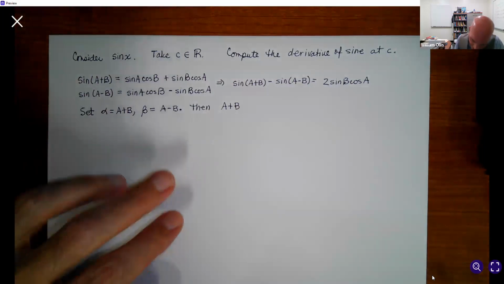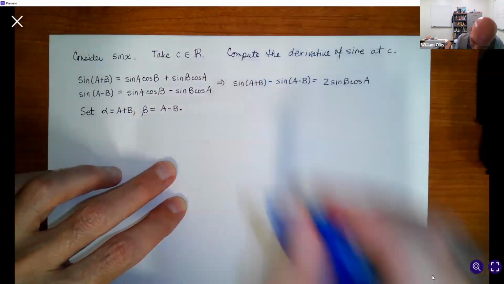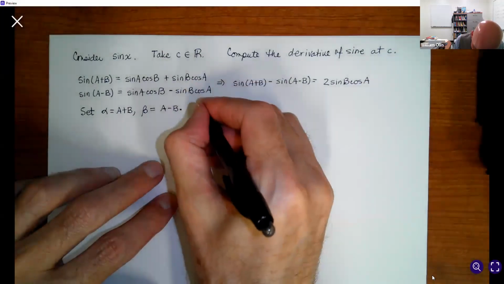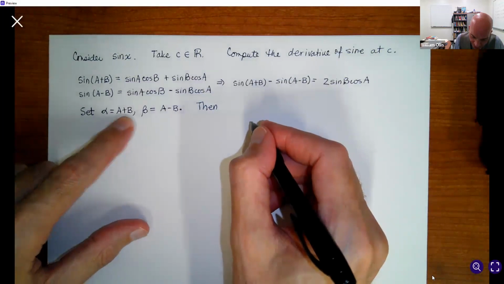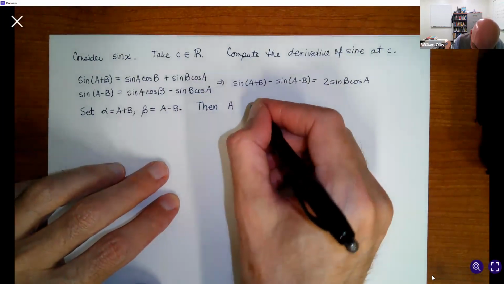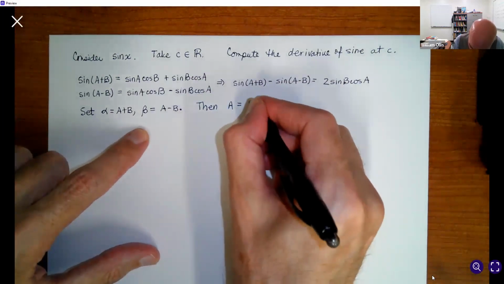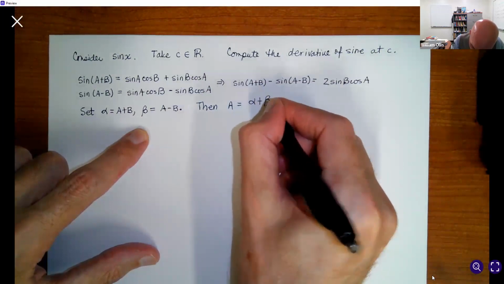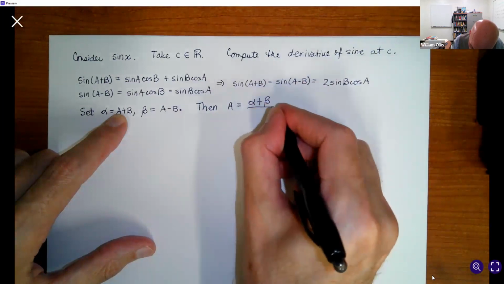Here, let me write this. Let me not do this yet. Then here's what I wanted to say. Gosh, I know what A plus B is. That's alpha. Then A equals what? Let's figure this out. So if we add both of these, alpha plus beta, the B's absorb, and we have 2 copies of A, so we divide by 2.